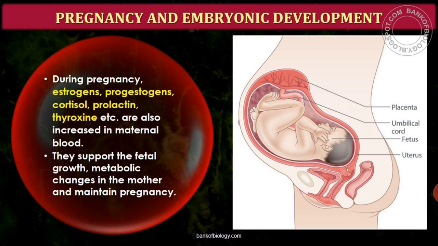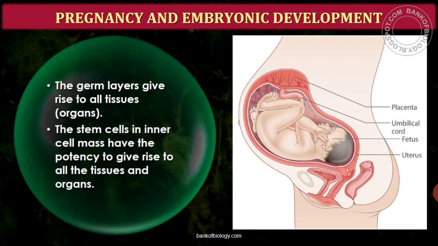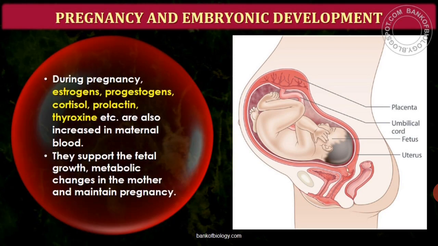These are the germ layers, and during pregnancy they will give rise to all the tissues or organs. Then the stem cells in the inner cell mass have the capacity to give rise to all the tissues and organs. That is the specialty of the stem cells.